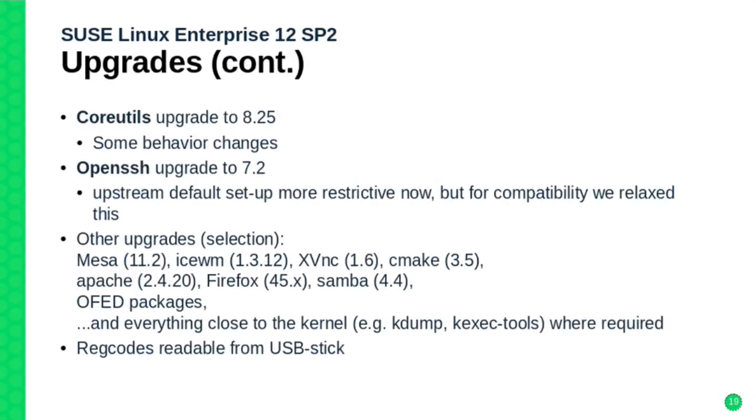One thing that I hate to mention is that we updated the coreutils to version 8.25. Why do I hate it? Because it brings a lot of cool stuff with it and a lot of improvements. But unfortunately, and that's what I hate about it, there's one thing where it changed the behavior, and that's concerning the chroot command and the environment there.